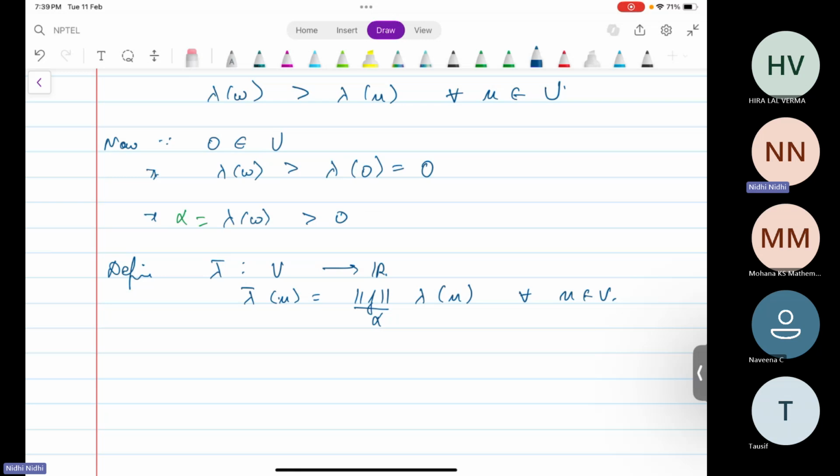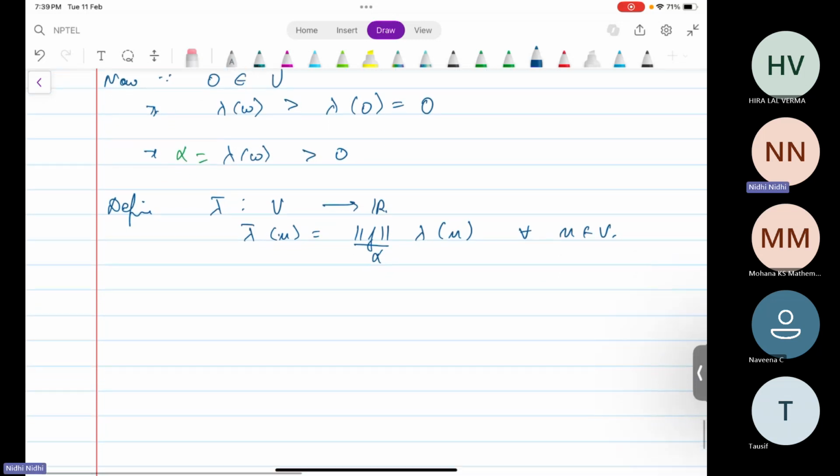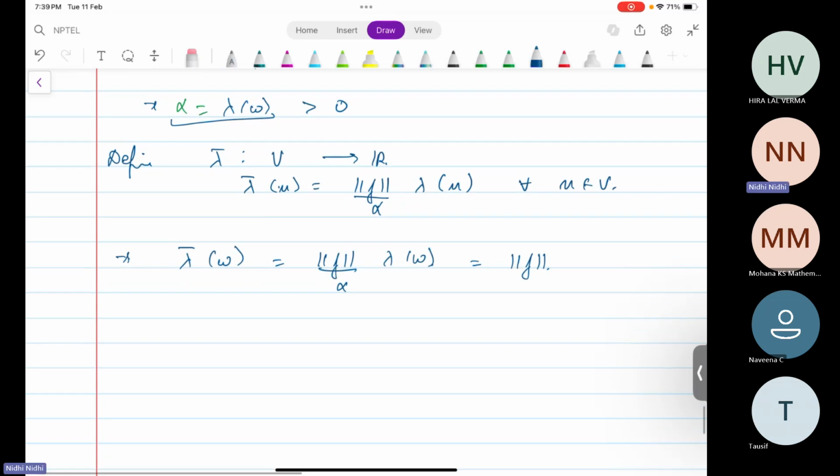Let's see how. Lambda bar at w is equal to norm f by alpha lambda w. Lambda w is alpha, so this is norm f. Therefore, lambda bar at w is equal to norm f.